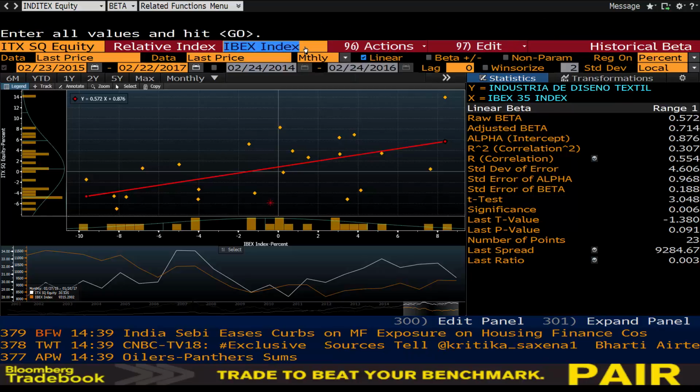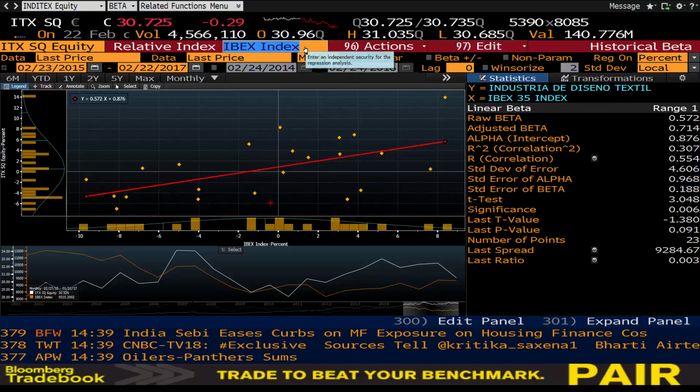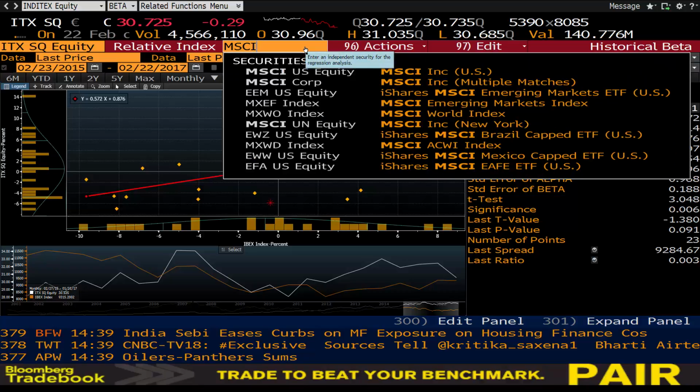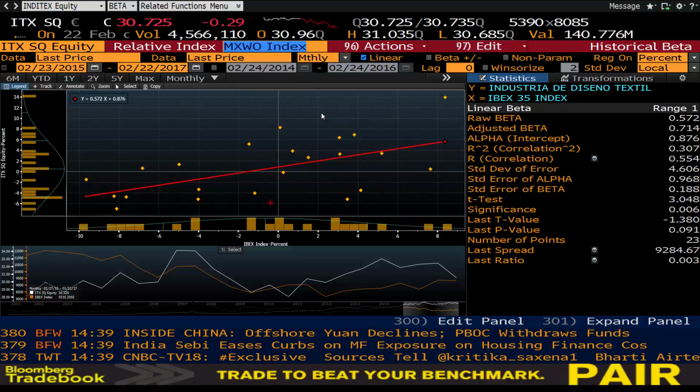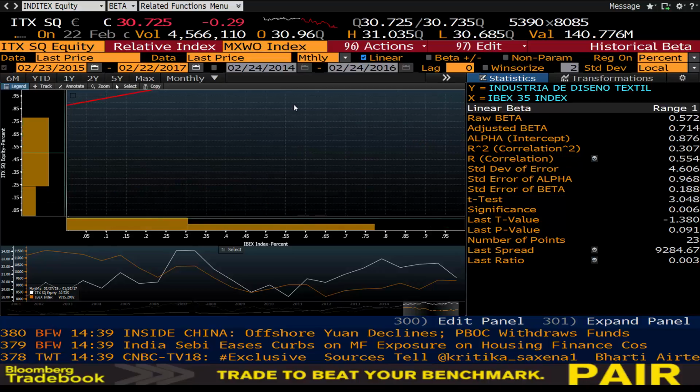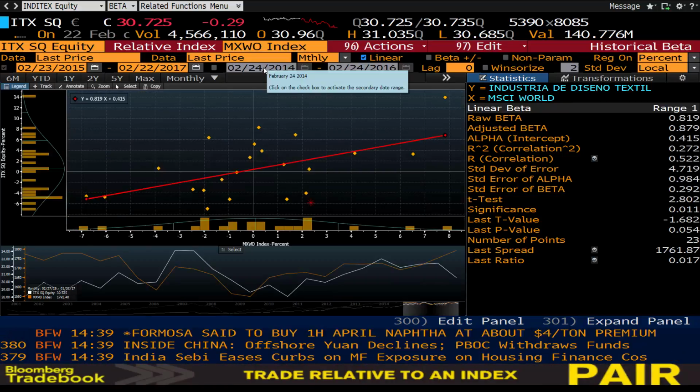The first thing that I want to do is, again, I personally prefer using the MSCI index. Some other people prefer to use the S&P 500 as their benchmark index. I prefer to use the MSCI. So I choose the MSCI index as my benchmark, and then I'm going to be using a 5-year period.